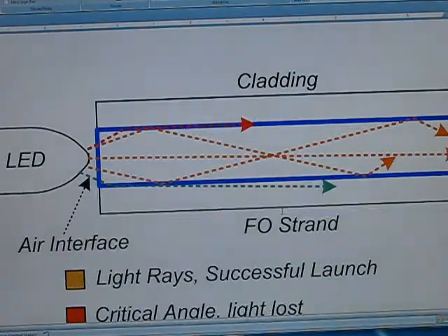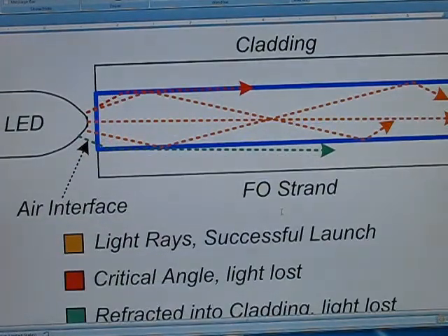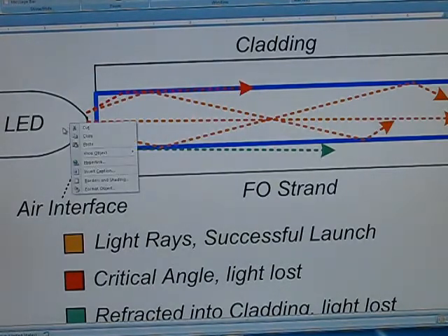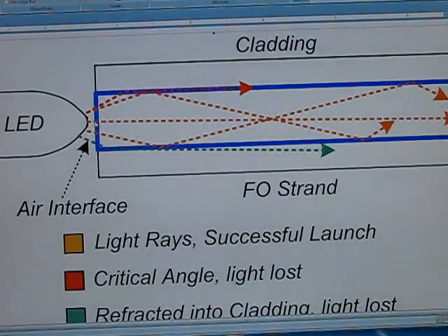Now, this is a drawing I made of a multi-mode fiber with a LED source launching into a fiber, and is showing different angles, and this is going to be called a cone of acceptance in a little minute. If the angle is right, and that means less than the critical angle, the rays indicated in orange will propagate through the cable, and they will be referred to as experiencing TIR, which stands for total internal reflection.